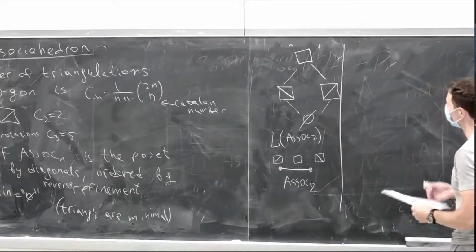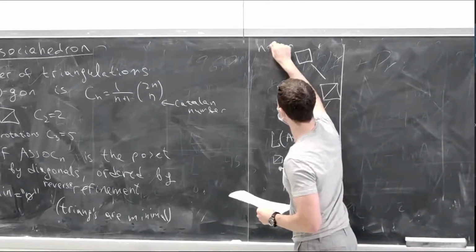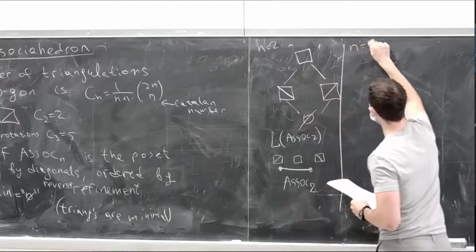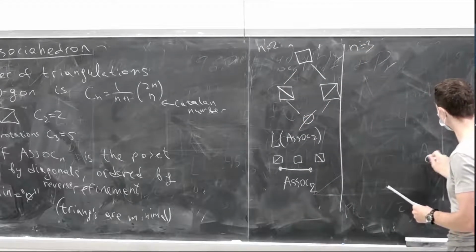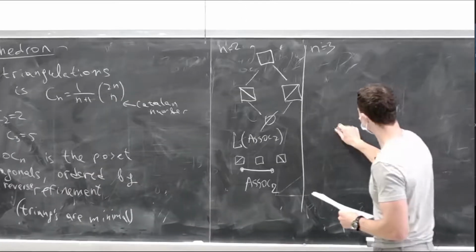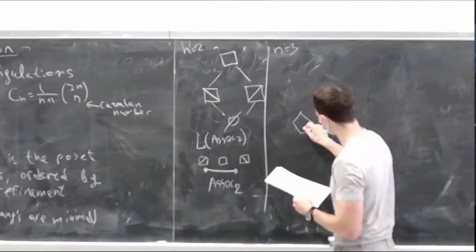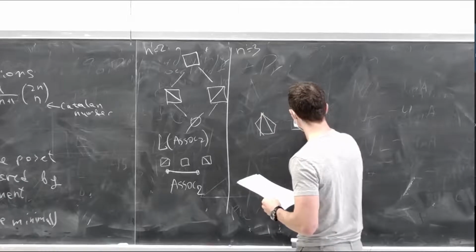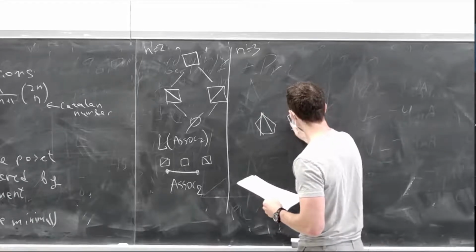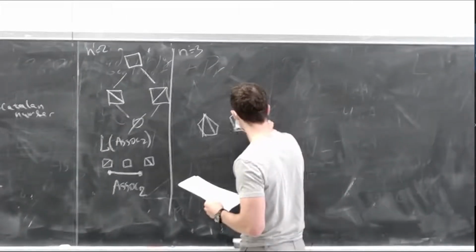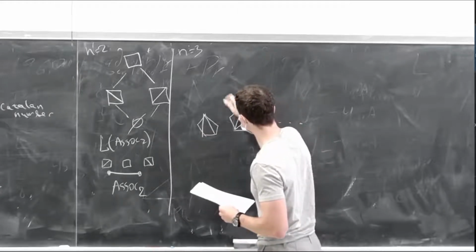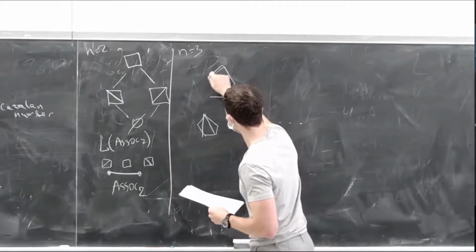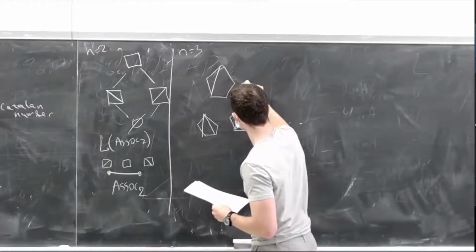Okay. If this is n equals 2, if you try n equals 3, it's a little bit tiring. So there is the empty set, and then there is a triangulation, and then there is another triangulation, maybe like this, and then you keep going, and then these two have a common diagonal.